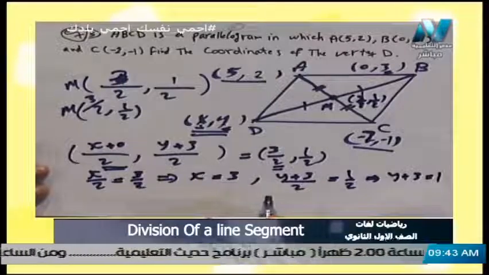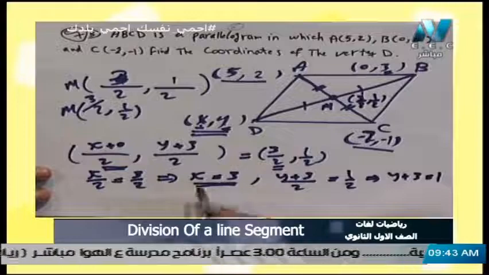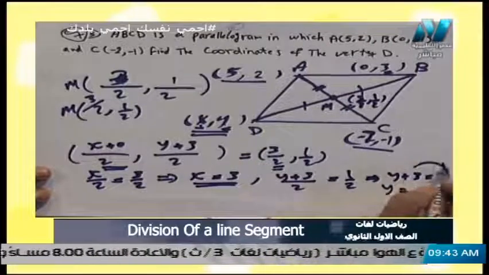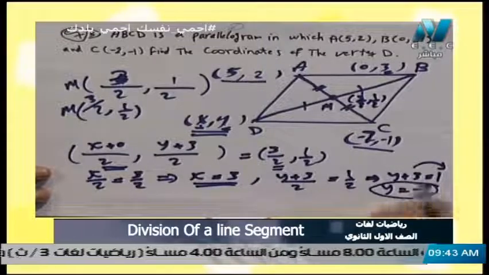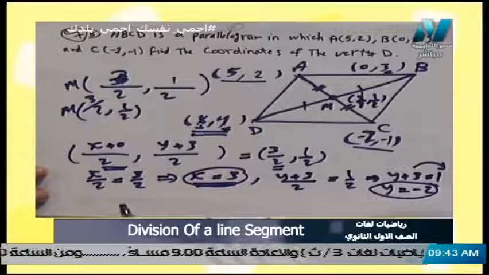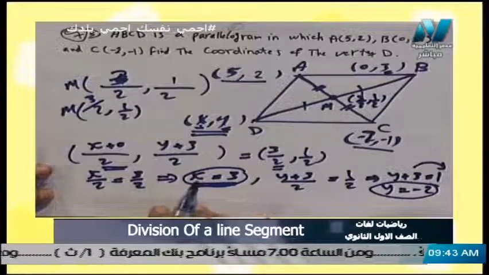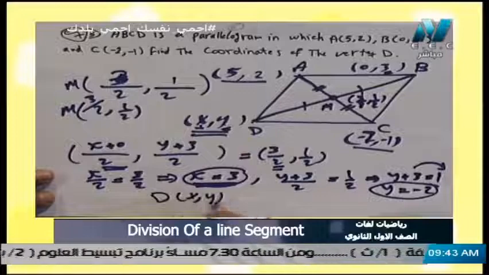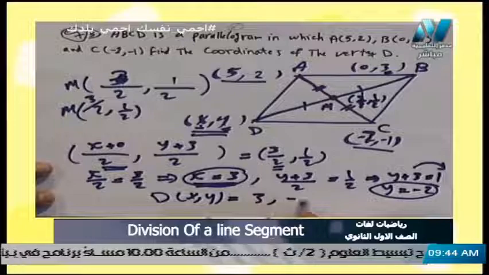Okay, we have x equals 3 and y plus 3 equals 1. So y, by transferring 3 to be negative 3, negative 3 plus 1 equals negative 2. So we have x equals 3 and y equals negative 2. So we have the point D, which is x and y, equals 3 and negative 2.